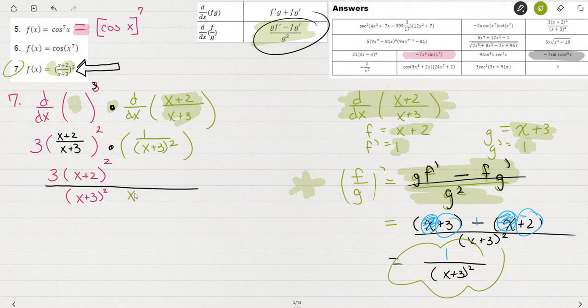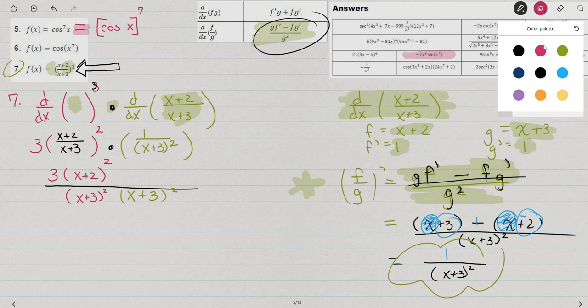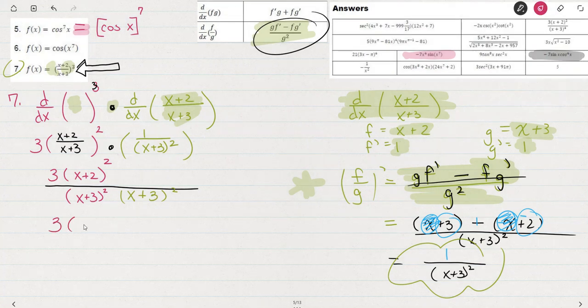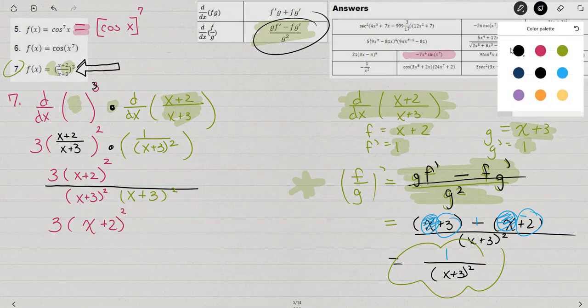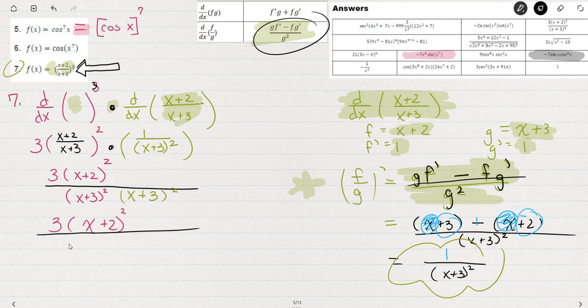And then I have this green x plus 3 squared in the denominator. So all together, I've got 3 times x plus 2 squared. Nothing's going to divide out, but it does simplify. That's over x plus 3 to the 2 plus 2, so to the 4th. And sure enough, when I look over here at the different possible answers, it's right here in the top right corner.